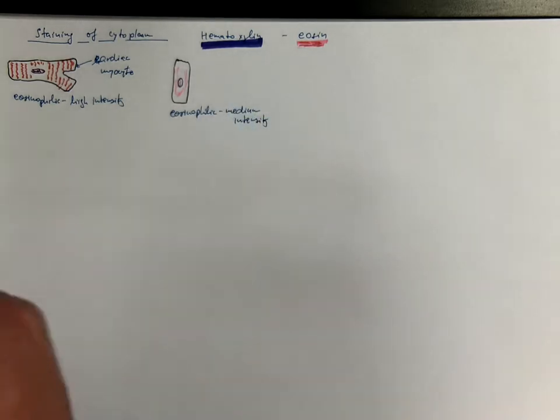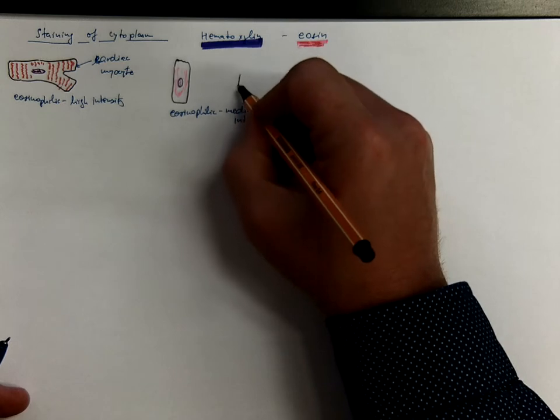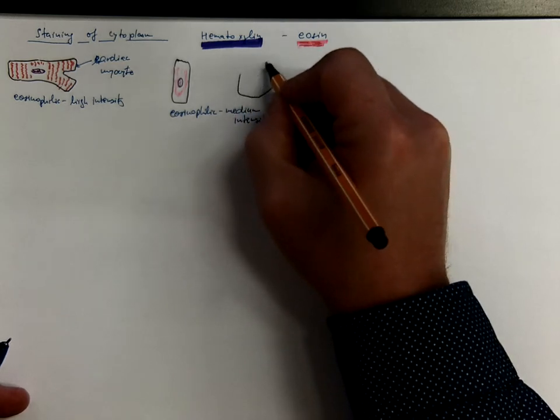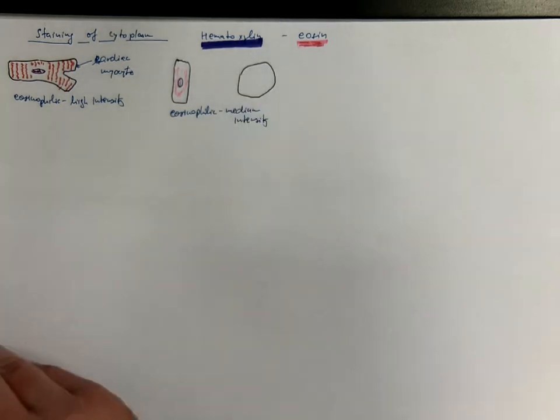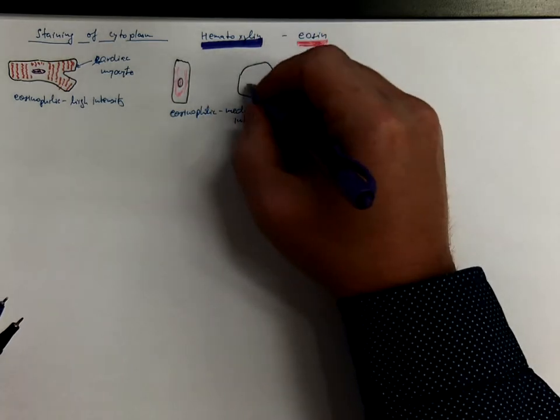Or cells with numerous mitochondria, such as the epithelium of the liver, so-called hepatocytes.